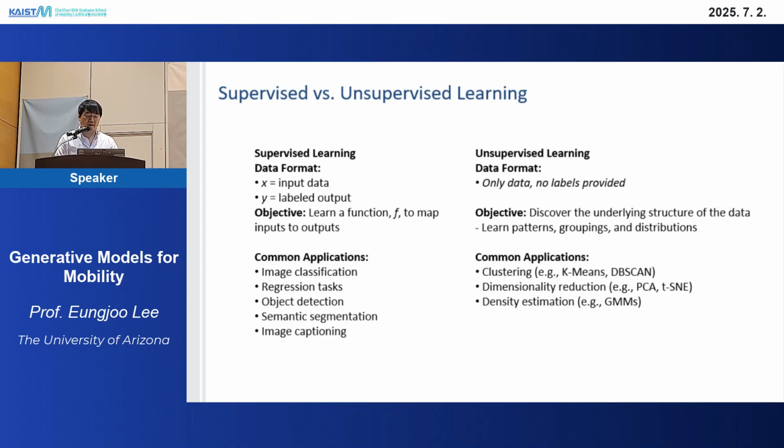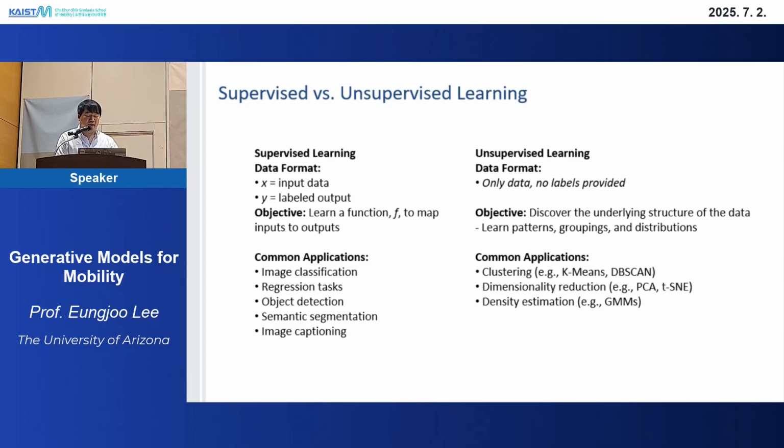The objective is to learn a function F to map input to output. Common applications involve image classification, regression tasks, object detection, and even image captioning as well.